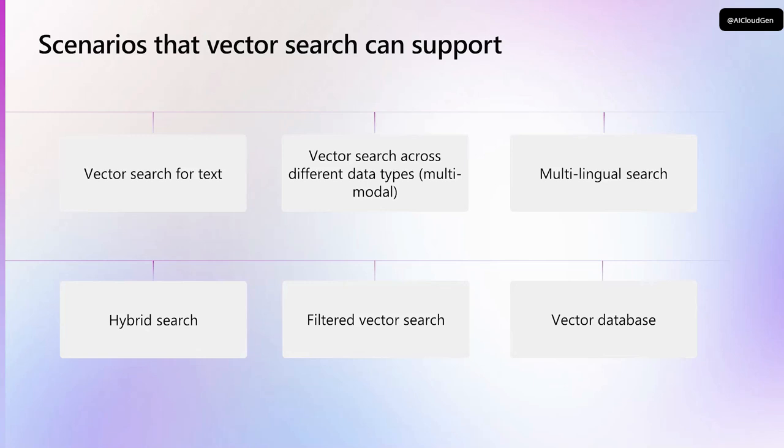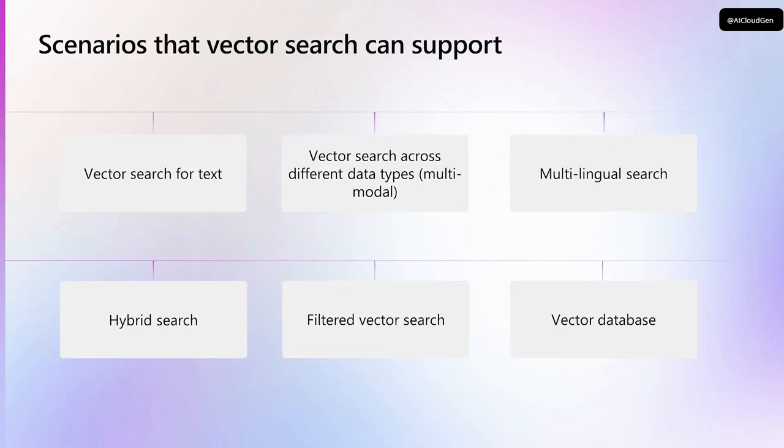It supports multilingual search, where you can use a multilingual embeddings model to represent your document in multiple languages, so you can search in one language and it can be searched across multiple languages and retrieved. Then you have the hybrid search, where you will be implementing the vector search at the field level.